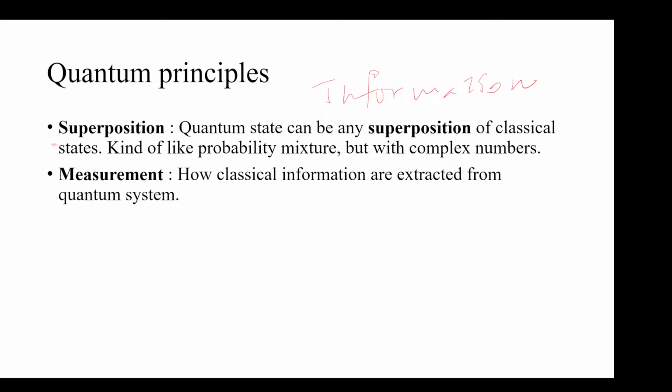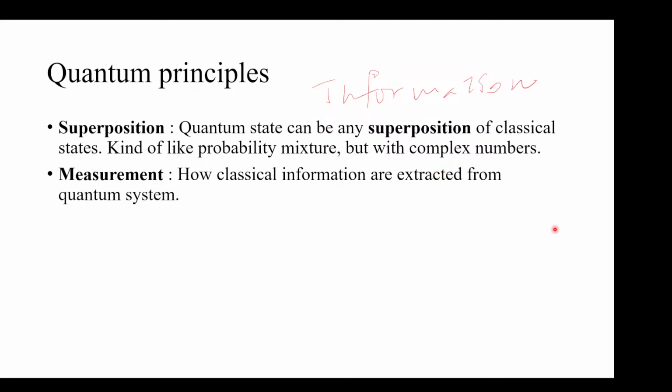I think it's weird in two ways. Quantum information is a superposition of classical information. For now, think of superposition as a probability mixture where the probabilities are complex numbers, though it has a rigorous mathematical definition.